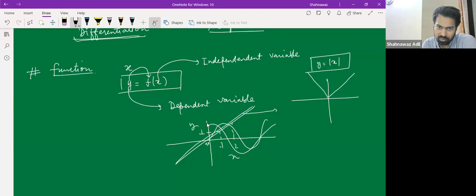If this is 2, so this is the identity function. What is an identity function? Like x is equal to y. So y equals x: 0 is 0, 1 is 1, 2 is 2.